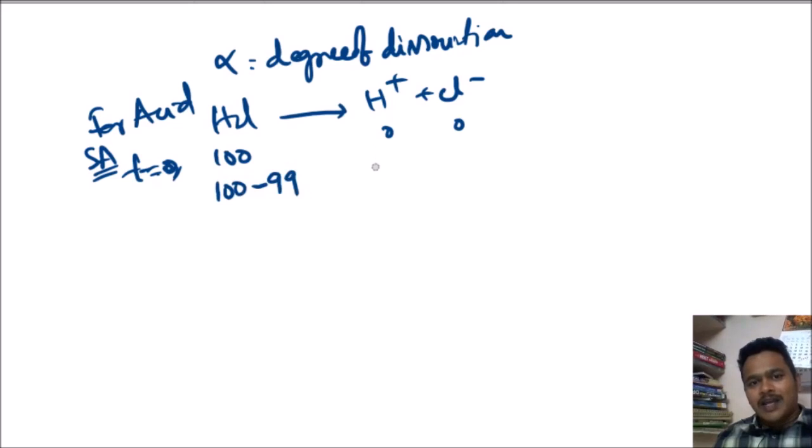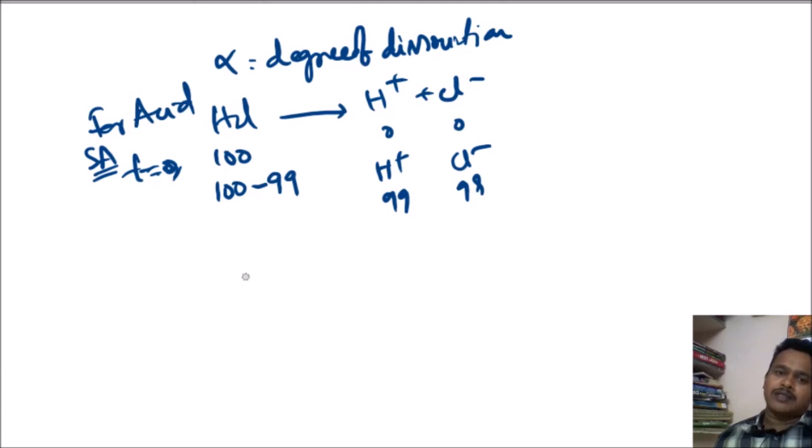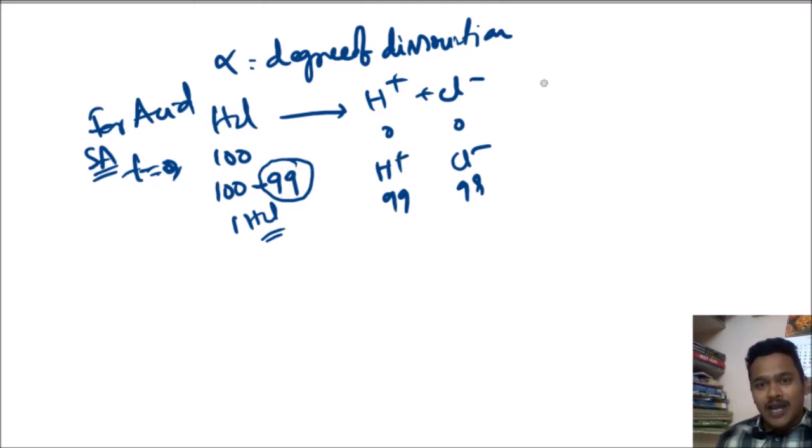That gives 99 H plus and 99 Cl minus. Only one HCl molecule remains. The remaining 99 converted into ions, so here ionization and dissociation are more.